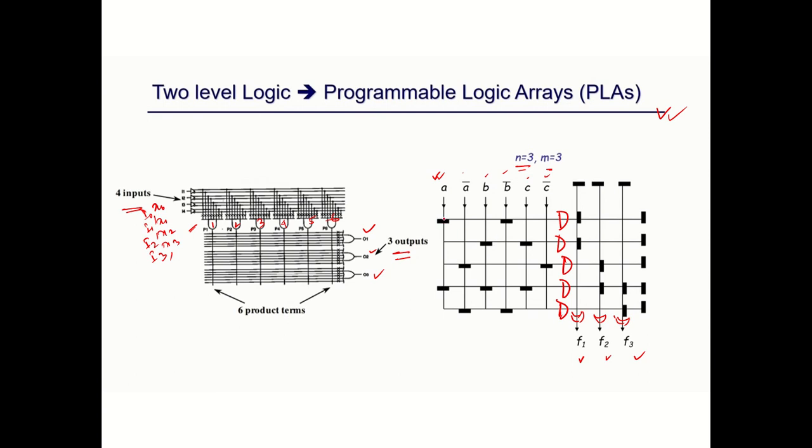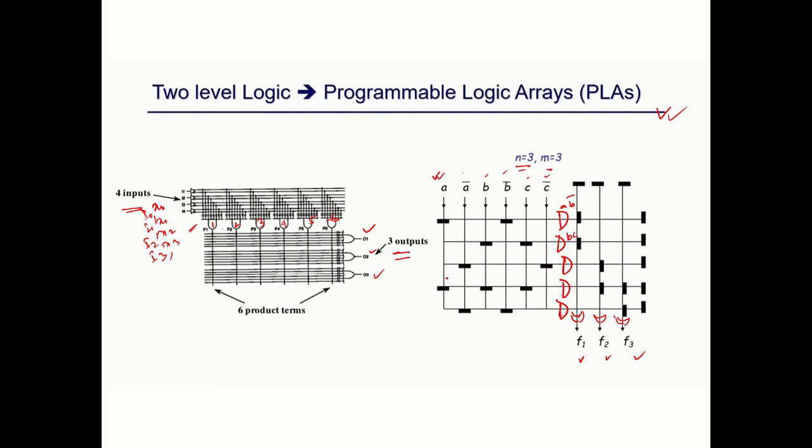Here the first AND gate is derived with the help of A and B bar. From here it is B and C, and from here it is A bar and C bar. These are actually the fuses, the methodology by which a particular node is incorporated into the logic.